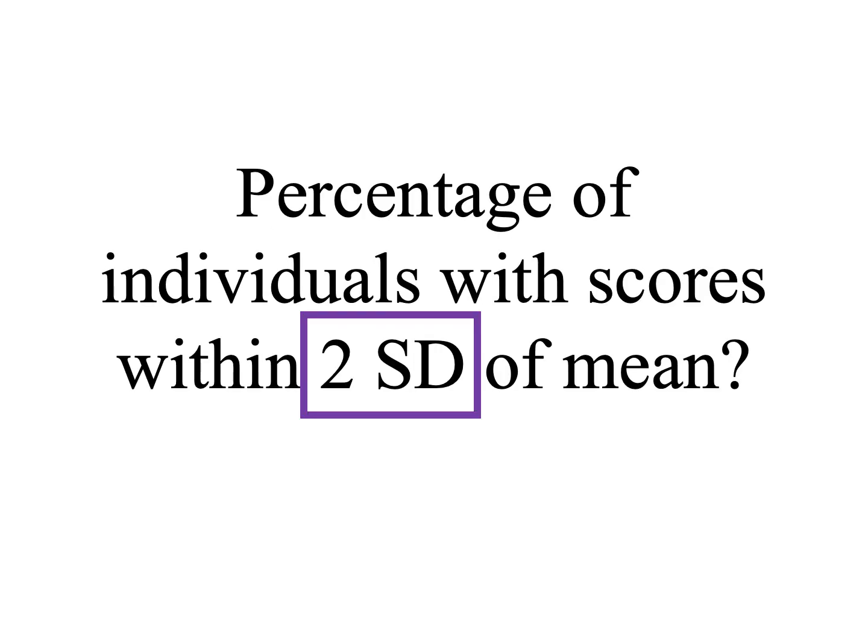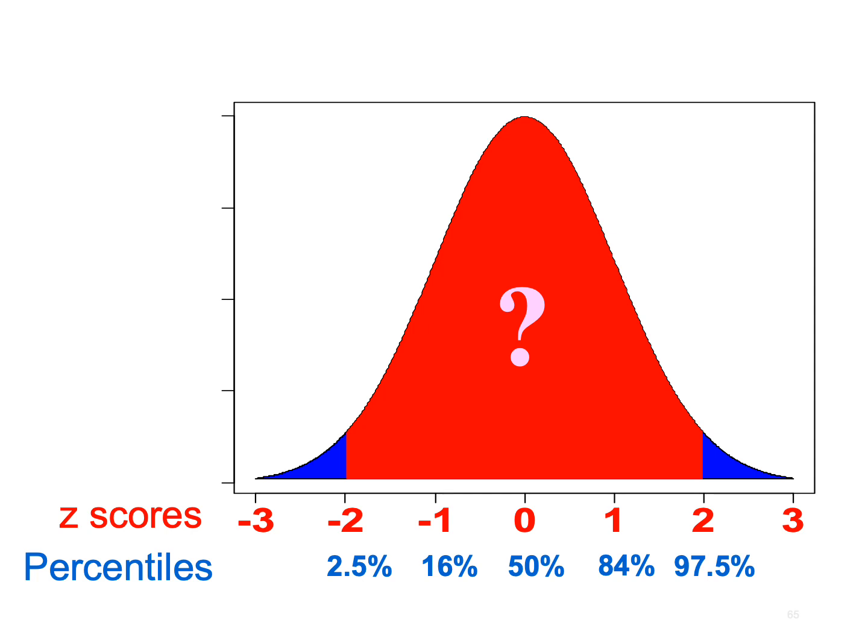Here is a similar question. What percentage of individuals have scores within 2 standard deviations of the mean? Here is the histogram to help you answer this question. What is the area of the histogram for scores within 2 standard deviations of the mean? We know that the percentage of individuals with z-score less than 2 is 97.5%, and the percentage with z-score less than -2 is 2.5%.